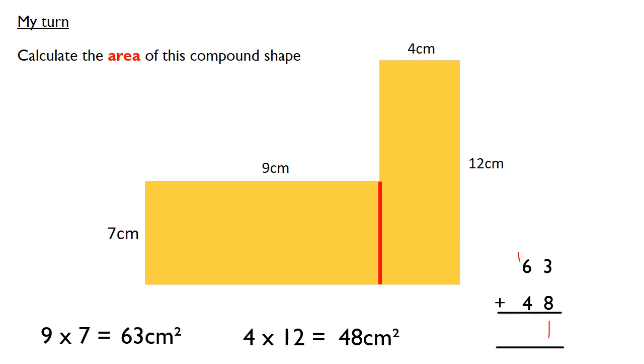We're going to add this one, which is 11. So there we have it. 63 plus 48 is 111. But we're working out the area of this compound shape. So it's 111, excuse my dodgy writing, 111 centimetres squared. Brilliant.